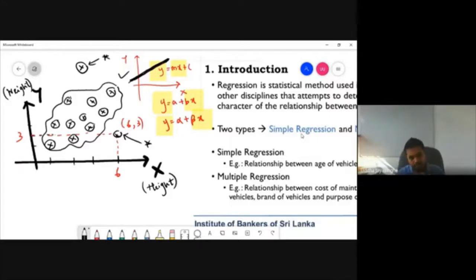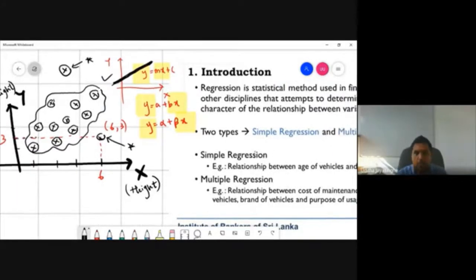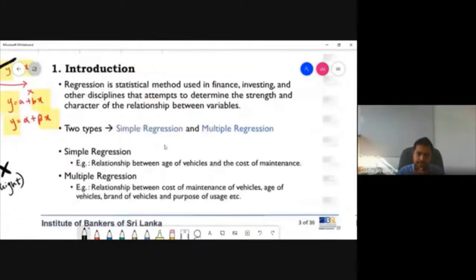Okay. So the idea of regression is going to be to find statistical relationships in different domains like finance, investing, maybe medicine heavily, trying to find relationships between two or more variables. I repeat, trying to find relationships between two or more variables.